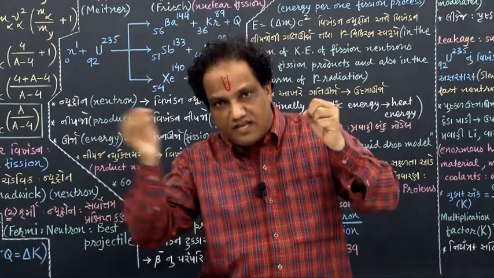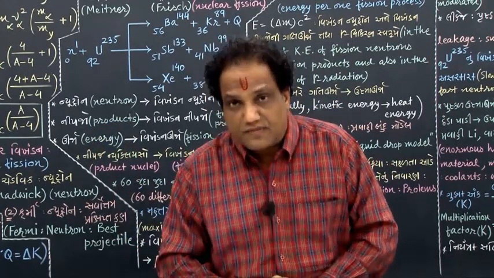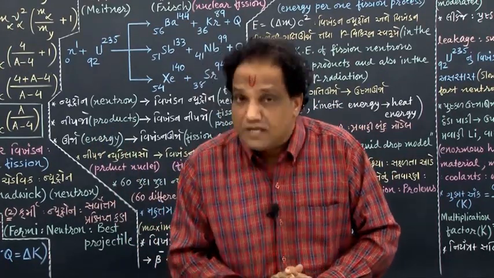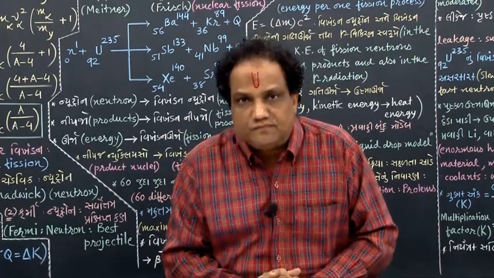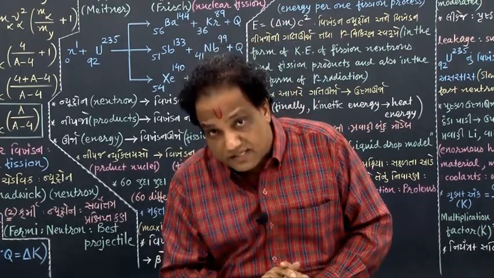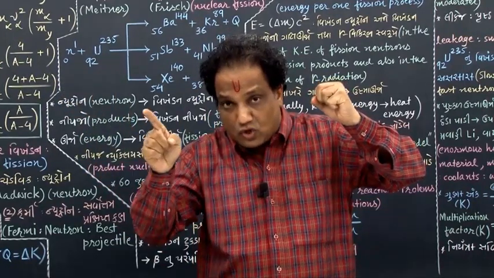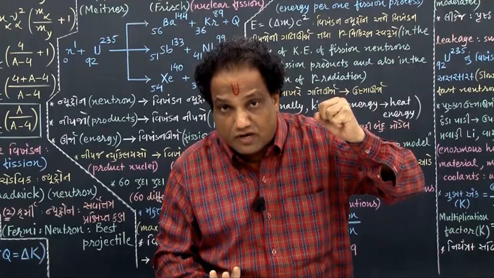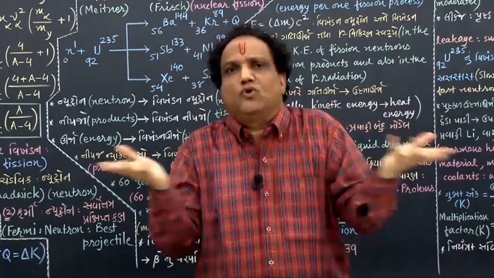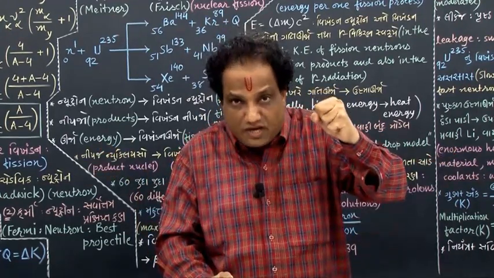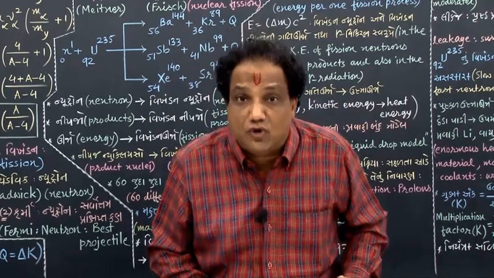But instead of any other projectile particle, if you take a neutron, then because the neutron is chargeless, while going closer to the nucleus it does not need to overcome any repulsive force, because there is no repulsive force exerted by the nucleus on the incident neutron.